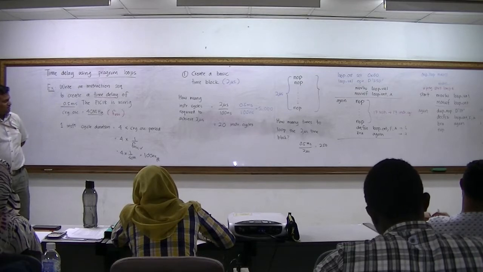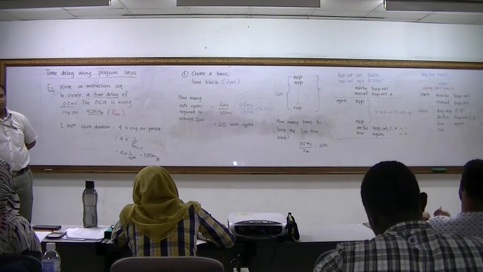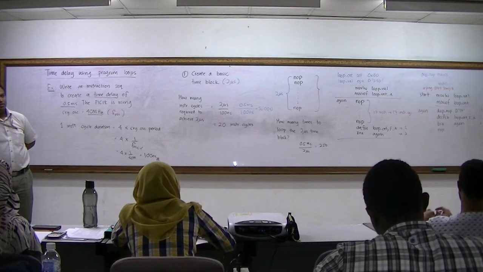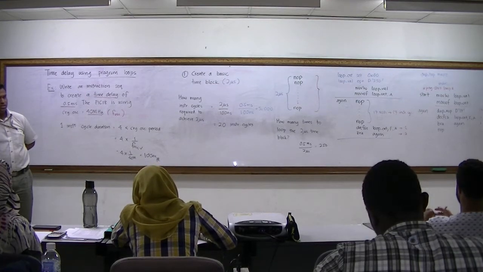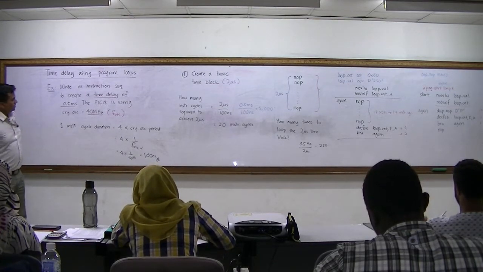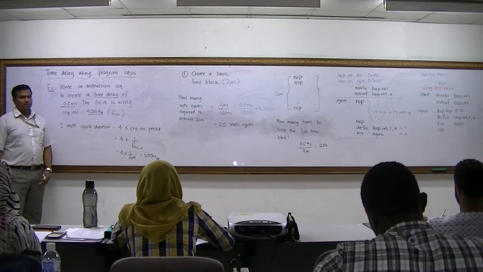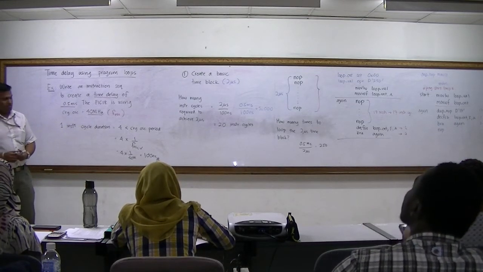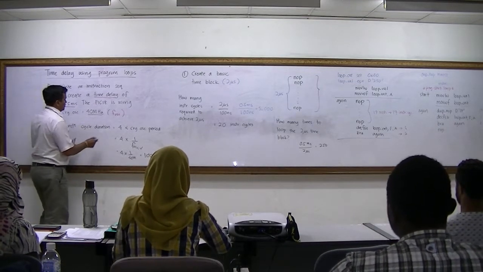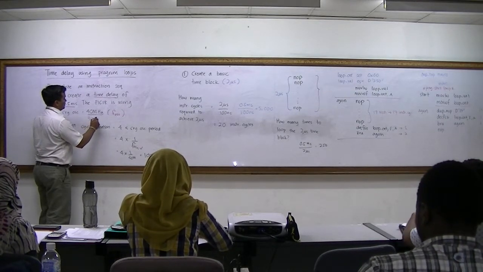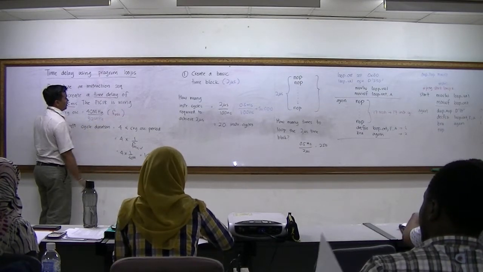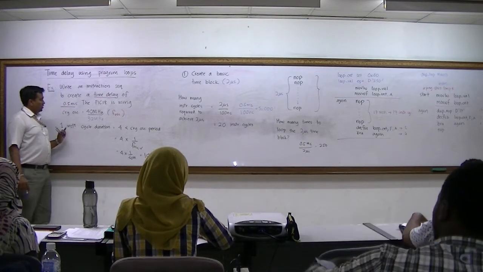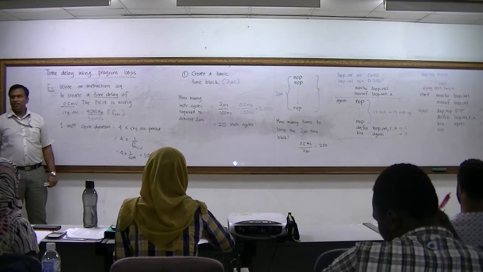Okay, if no question, let us try to play with some of the figures. What are the possible things that change? The frequency could change, right? Yes. What if the question gives another frequency? For example, the question gives you 32 megahertz. What will change? The one instruction cycle duration will change, right?